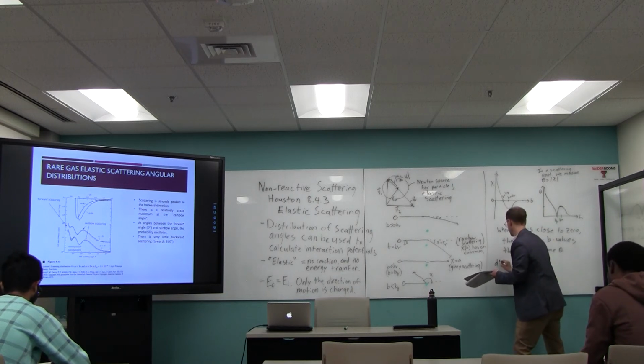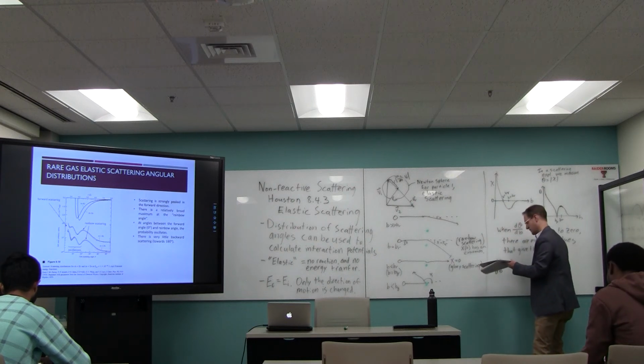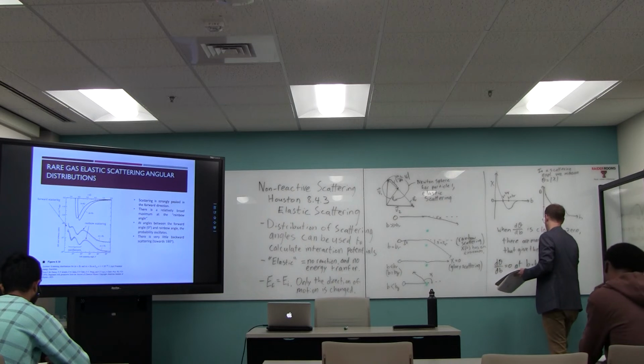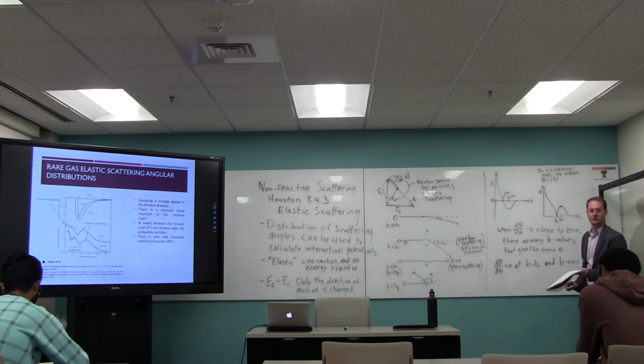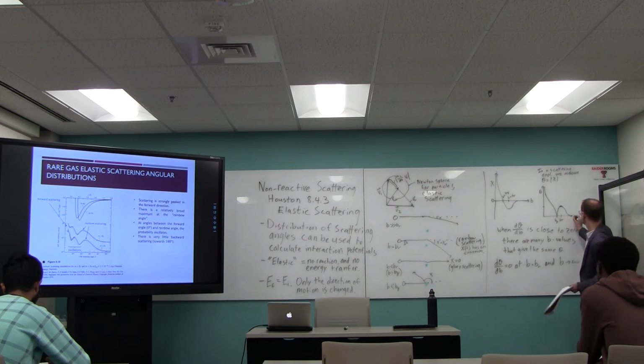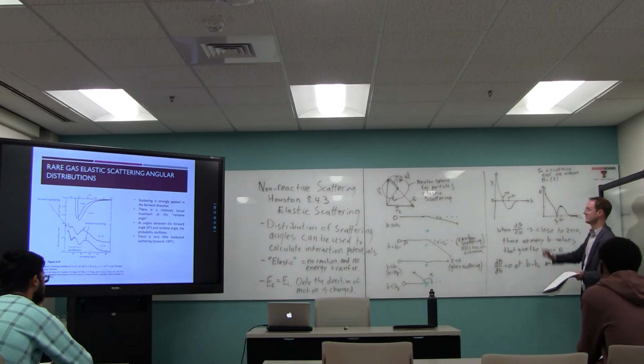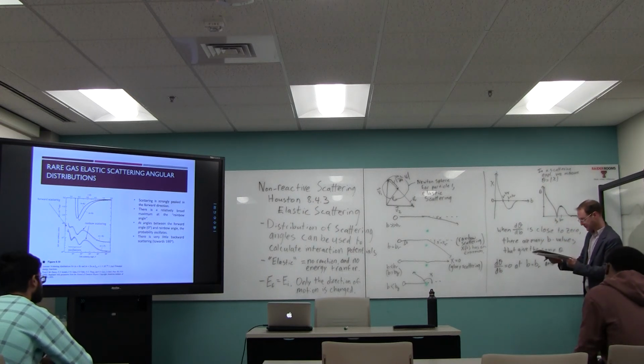d theta dB equals 0 when B equals the rainbow impact parameter, and when B approaches infinity. Here the slope also goes to 0, and you have many, many trajectories that give the same theta.